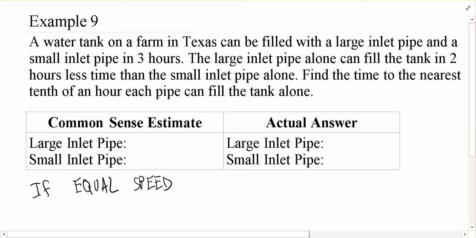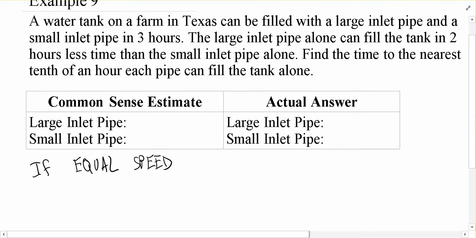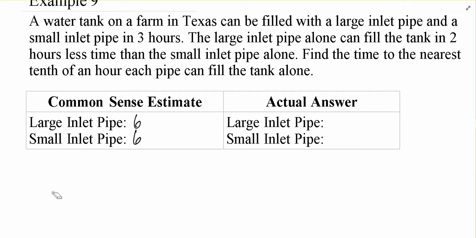If they had equal rate, and it took them 3 hours together, then each one would be 6. Some people say it's 1.5 for each, but that wouldn't make any sense. We have to think about the fact that we're looking for their time alone.